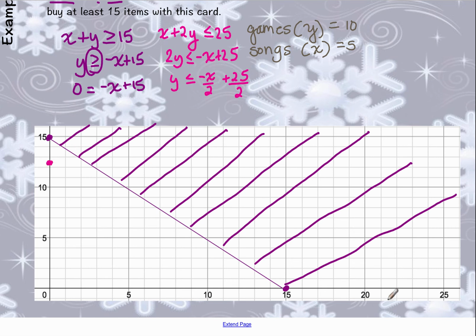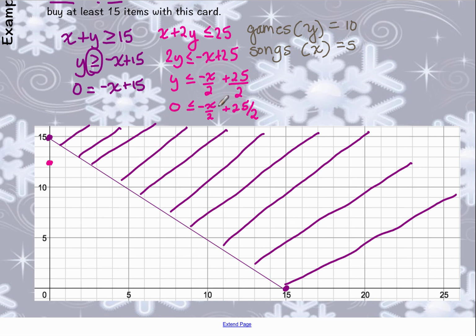However, if I want to do my x-intercept, that would mean anything on the x-axis, the y value is 0. Positive 25 over 2 plus negative something over 2 is going to equal 0. Well, it's kind of obvious.